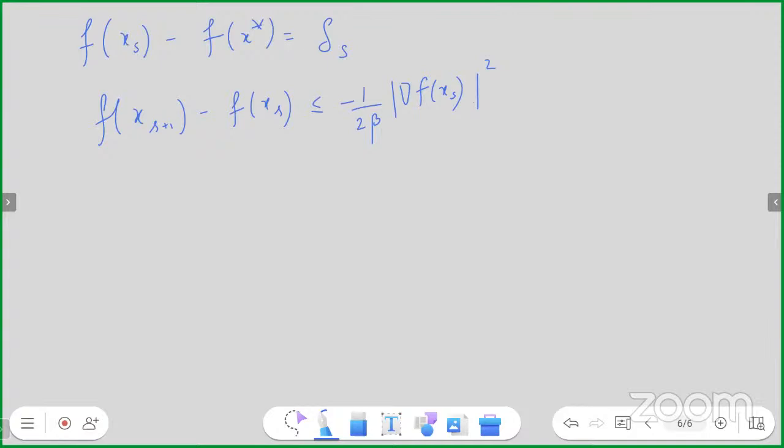So what kind of recurrence relation can you write with respect to delta s?